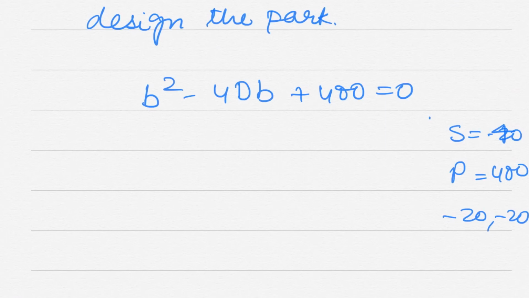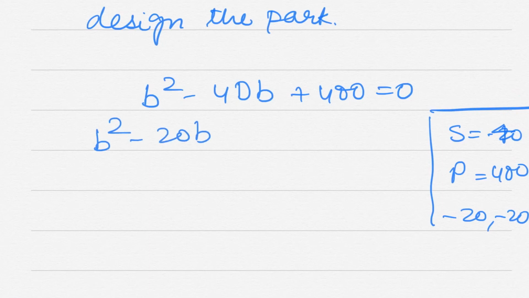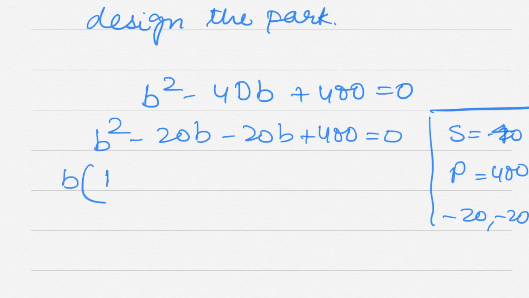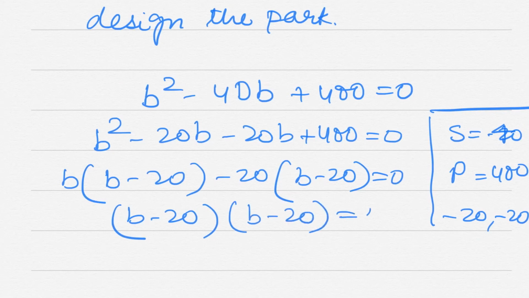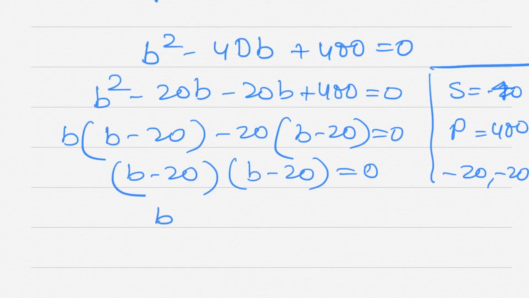So b square minus 20b minus 20b plus 400 is equal to 0. Here b is common, b minus 20, and minus 20 is common, b minus 20 is equal to 0. So b minus 20 and b minus 20 are the factors of the equation. So b is equal to 20 and 20. So it is equal roots, as we had already found out.